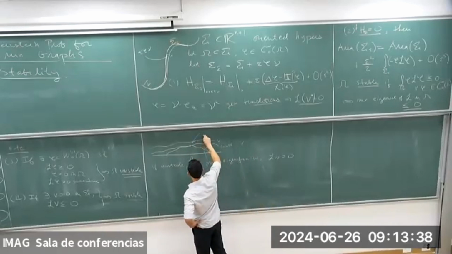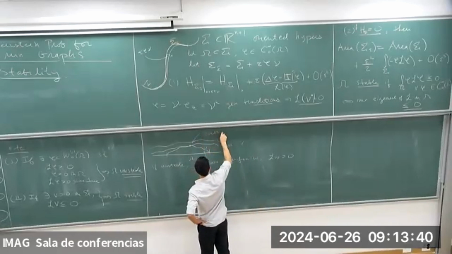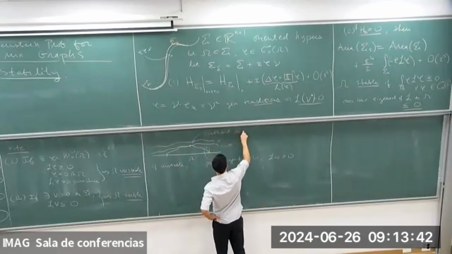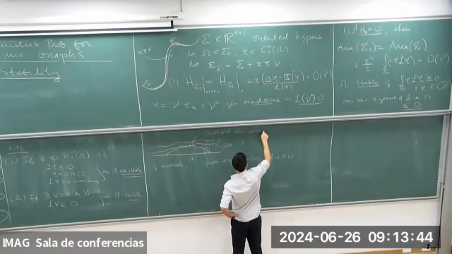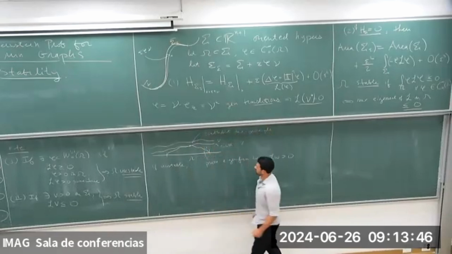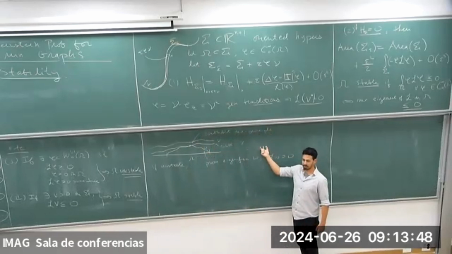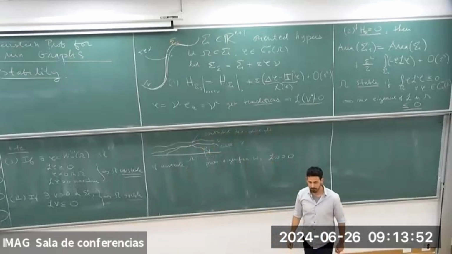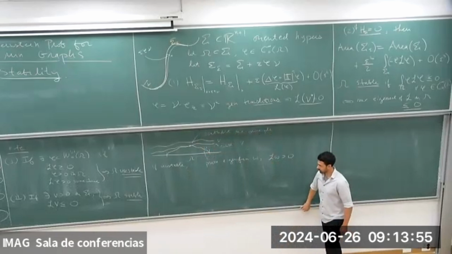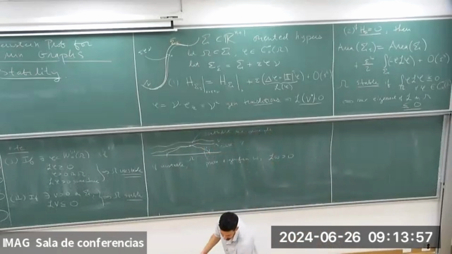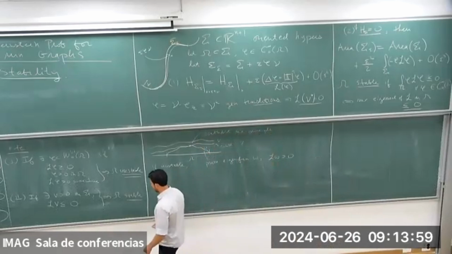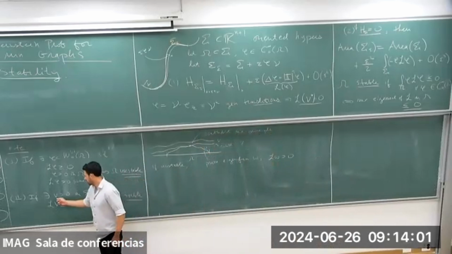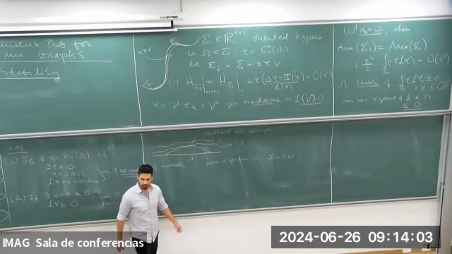So here, this contact point gives a contradiction. I would say this is a maximum principle explanation of what Professor Urbano explained a couple minutes ago. Okay, so in other words, to prove that a minimal surface is stable, look for a positive supersolution of the Jacobi operator.